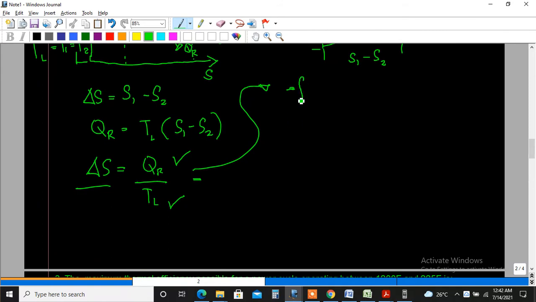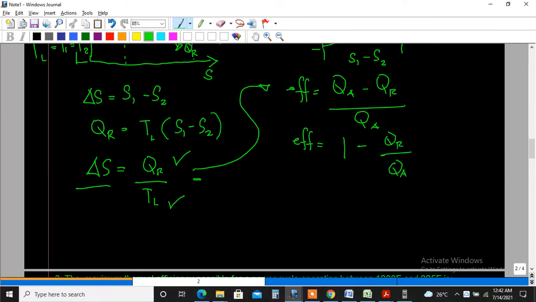Let's simplify it again. Efficiency is equal to QA over QA, that is 1, minus QR over QA.